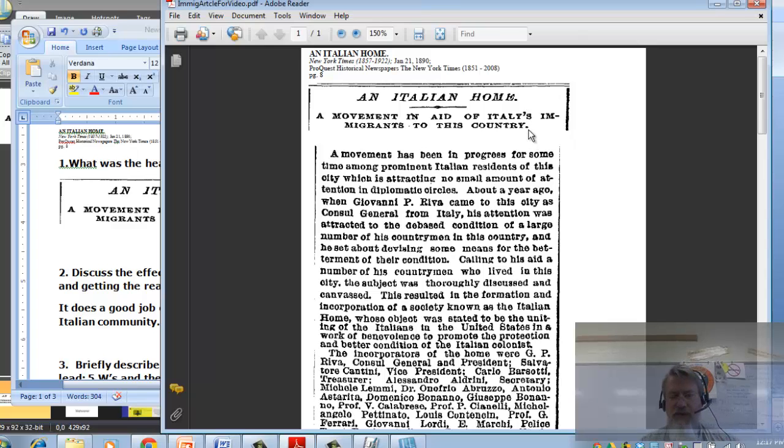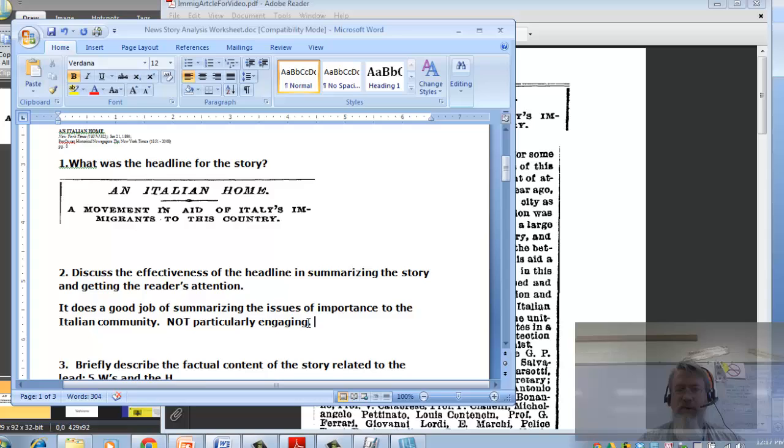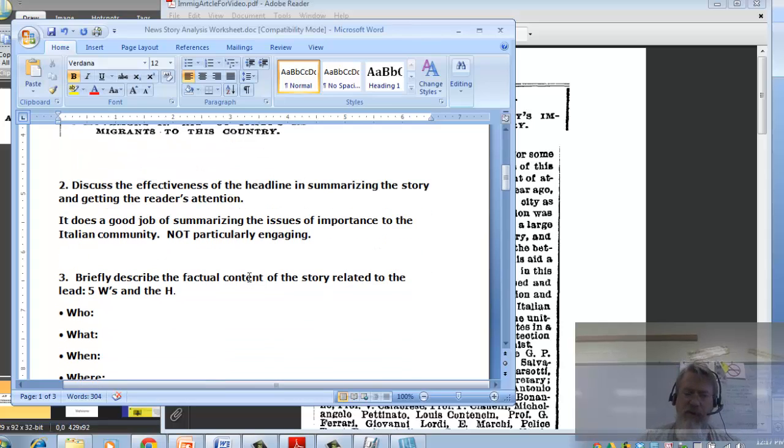I think that's true. Tells what it is, an Italian home, a movement in aid of Italy's immigrants to this country, but it's not real attention grabbing.